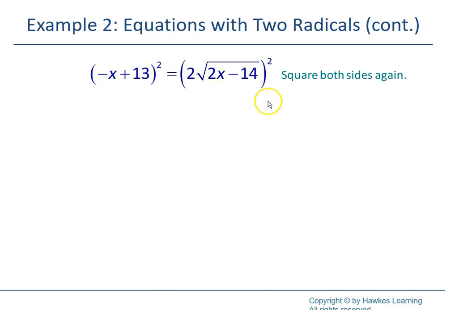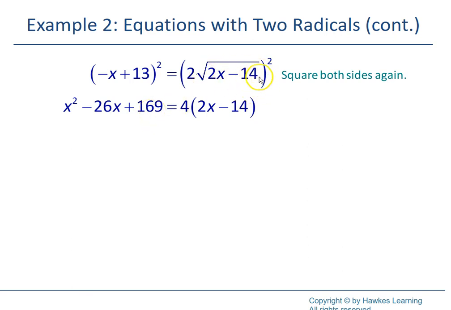And they're going to square this side. So squaring this side gives you x squared minus, again you're multiplying this times this, get a negative 13x, double it, gives you a negative 26x, and you square 13 and you get 169.